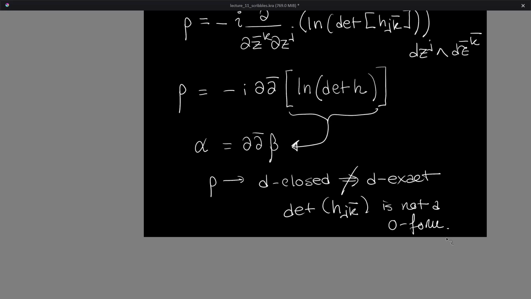So we can't say that it's D-exact, but that precisely means that rho is part of a cohomology group. It's a closed form that's not exact, so it's part of a cohomology group.